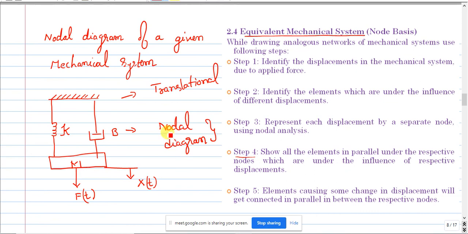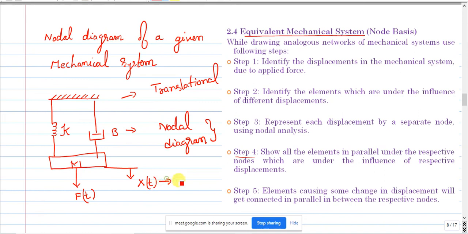For this you need to follow 5 steps. Step number 1, identify the displacement in the mechanical system due to the applied force. In the given mechanical system, the force is F of t and the displacement is x of t.